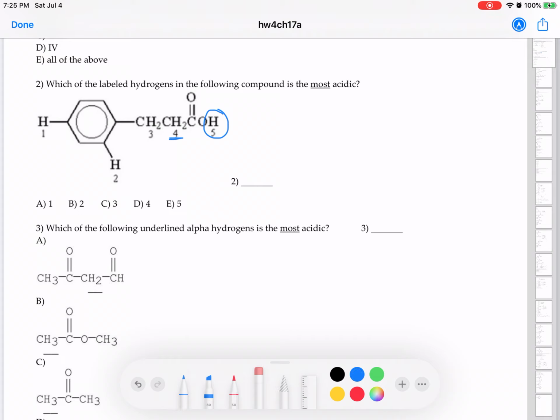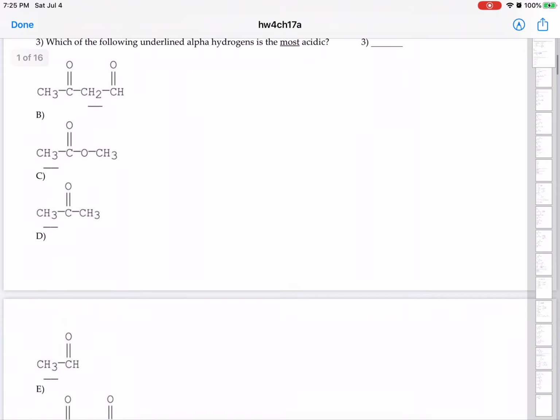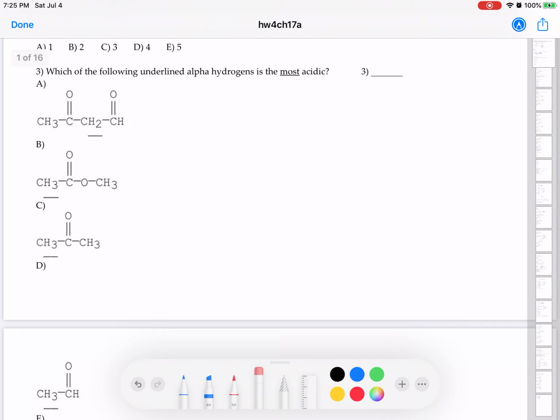And then the next one, which of the following underlined alpha hydrogens is the most acidic? Now the acidity depends on how many carbonyl groups are next to that alpha hydrogen.